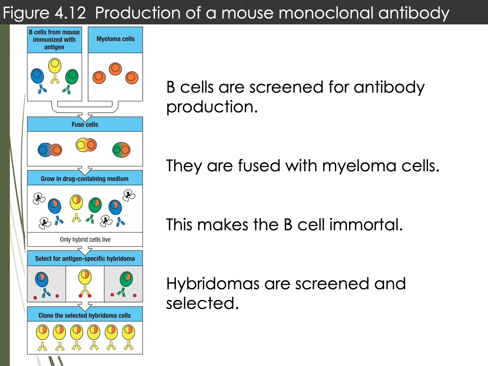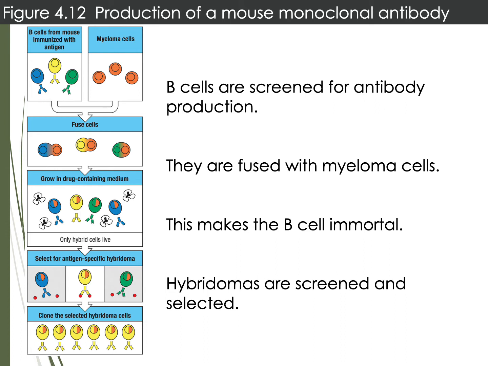Those isolated B cells usually go through another screening process to make sure they are producing antibodies of interest. Those B cells get fused with myeloma cells. Myeloma cells are immortal, so when you fuse them together, that makes the B cell immortal too. The fused hybridoma has the genes from the B cell, so it has the genes to create the antibody.